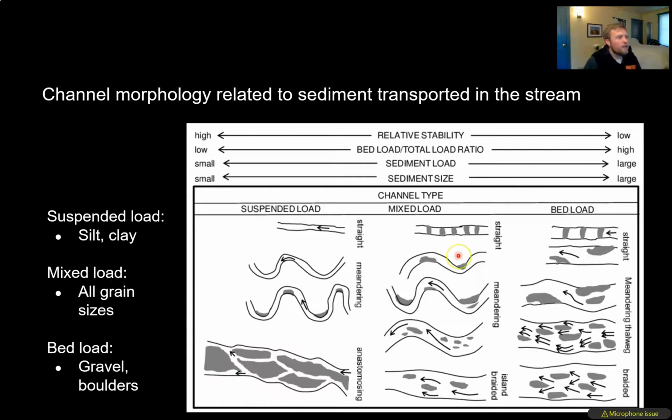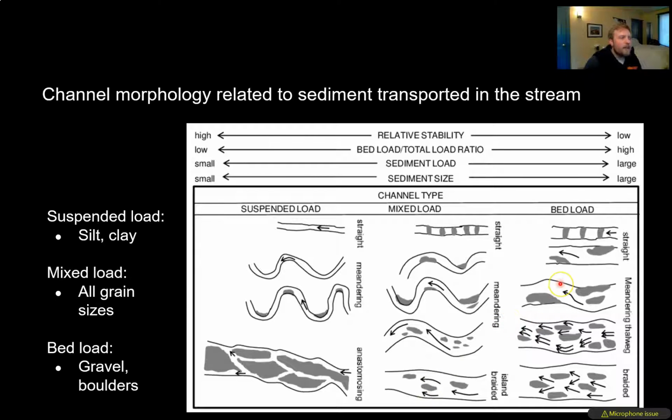If you have a mixed load stream where you have both suspended sediment as well as sediment that's tumbling along the bottom in the bed load, you end up with straight channels that have little riffles, so little rapids along the way down, as well as point bars and cut banks in meandering streams, and relatively small islands of sediment in a braided river channel.